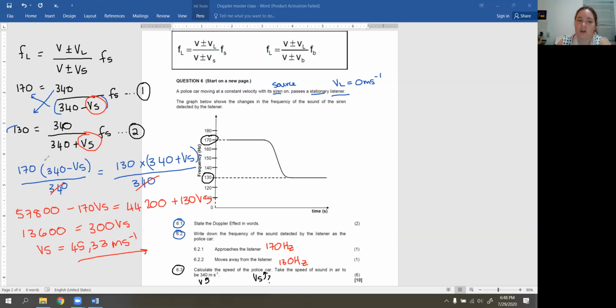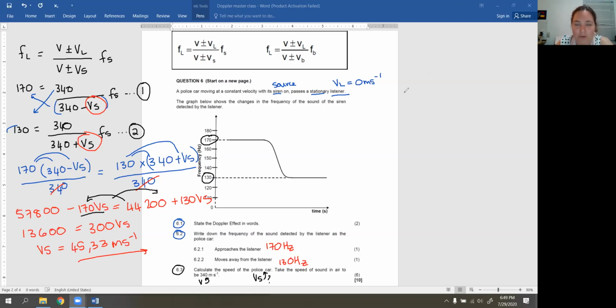And then I slowly multiplied in, so I did distributive law there and there. Get good with your maths. It's terrible when you lose marks for maths and science. And from there, I then took all of my variables to the one side and my constants to the other. And I got a value of 45.33 meters per second, which I think ended up being somewhere around about 160 kilometers an hour.